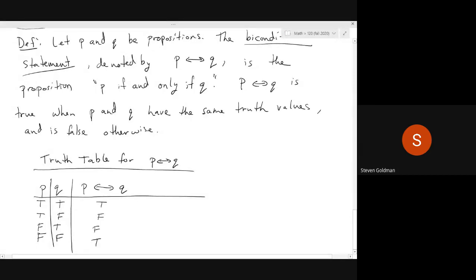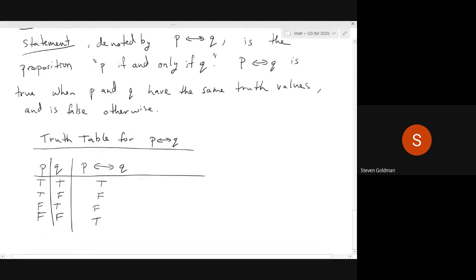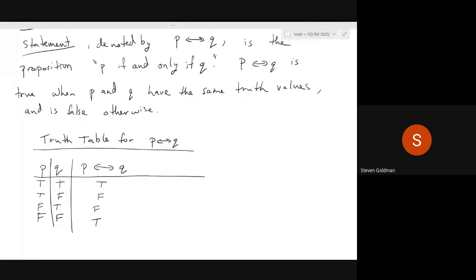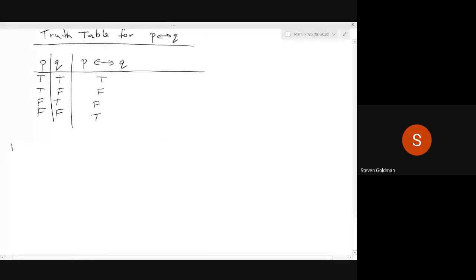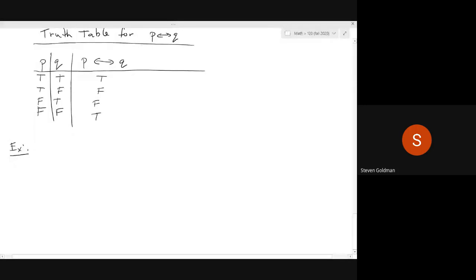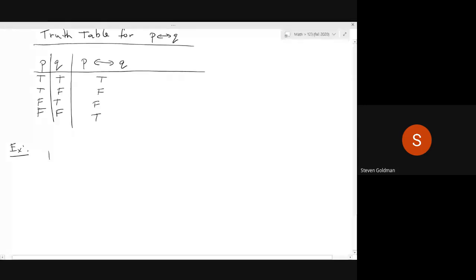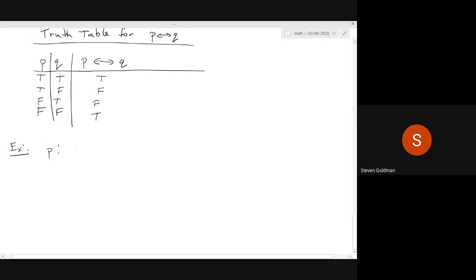To understand this a little bit more, let's see an example of an actual sentence that's a biconditional statement. Let's say we have a proposition P: you can take the flight.